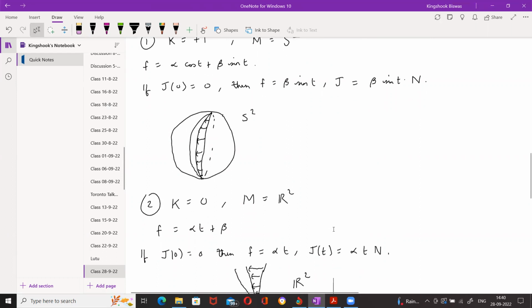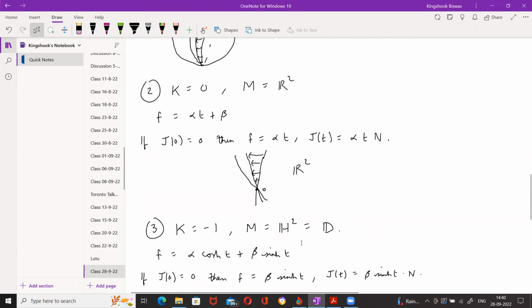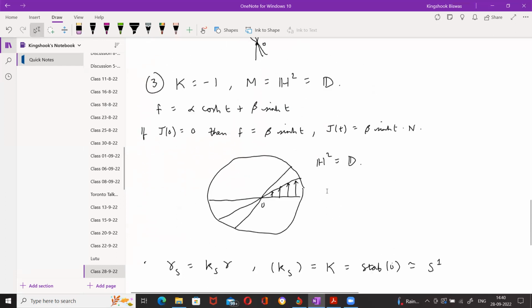And in non-positive curvature, where K is 0 or -1, the norm of the Jacobi field is convex. This will be true in general in higher dimensions too. Okay, so let's stop here and start a new session.